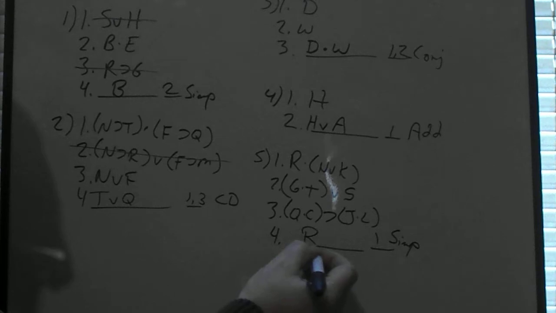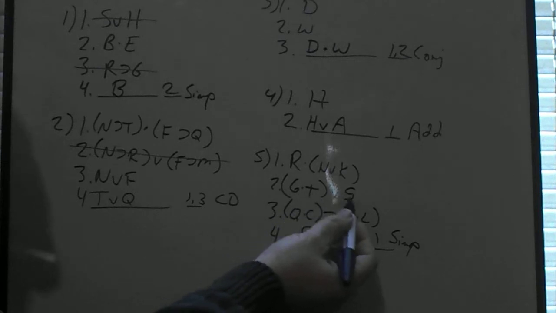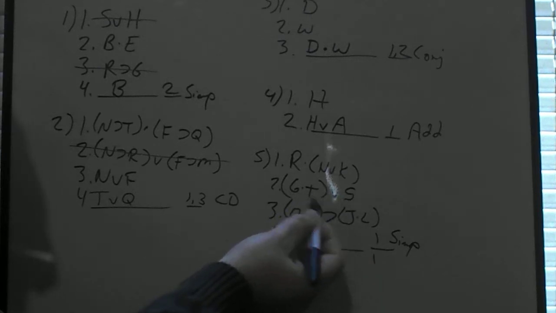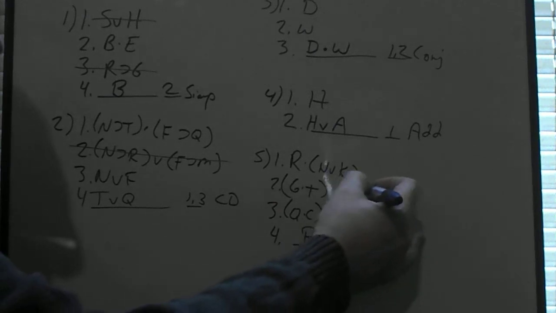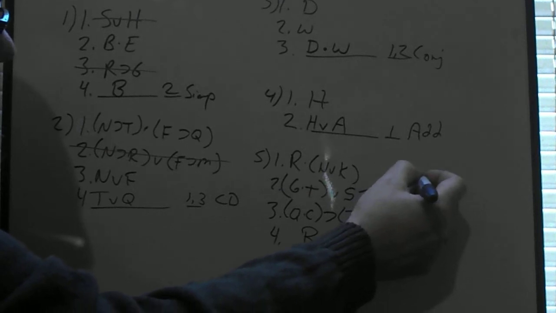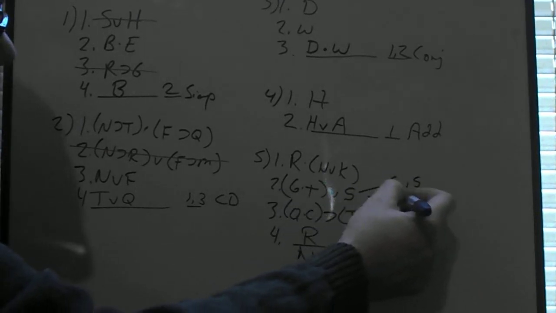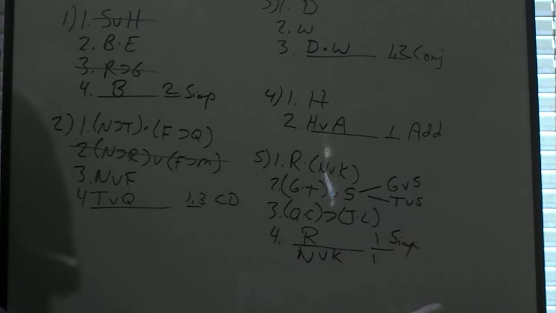But you could just as easily make that N or K from line 1. If you look at line 2, you've got G and T or S. Well, even though it's in the parentheses, it's still 2 things joined together by the dot. So you could choose to make that G, getting rid of the T, becomes G or S. Or you can keep the T and get rid of the G, it becomes T or S on line 2.